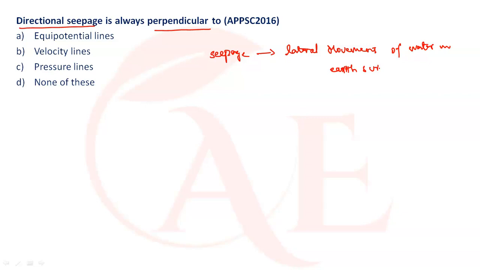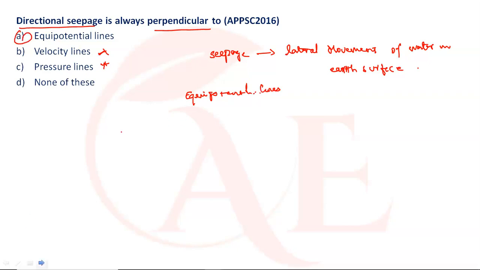Here we want to know what is an equipotential line, what is a velocity line, what is a pressure line. Seepage always moves perpendicular to the equipotential line. So option A is the correct answer.